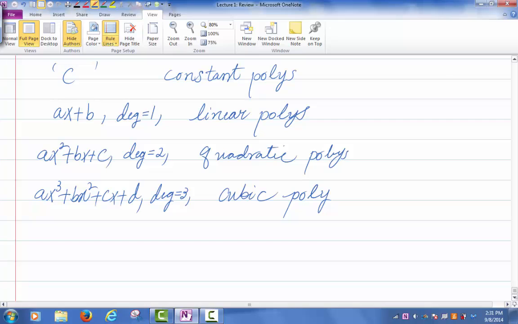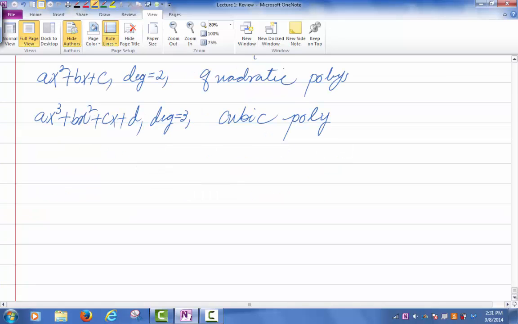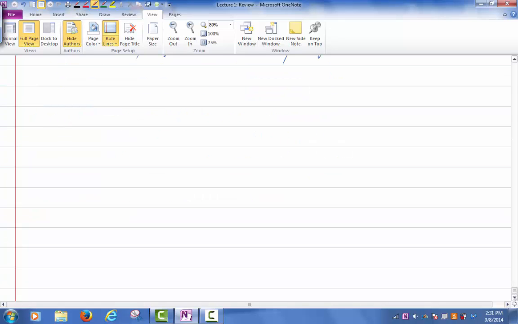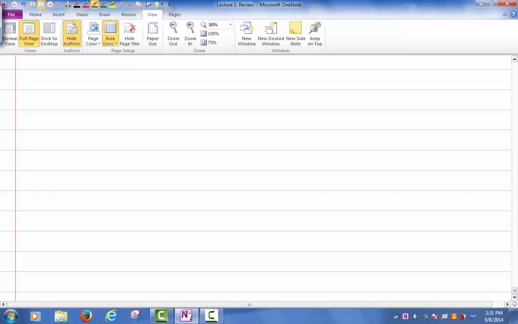Okay, so you can give other names, but I think you get the idea. There are a couple of facts that we want to cover before I forget. Monomials are just special names for these simpler polynomials, just one power of x.